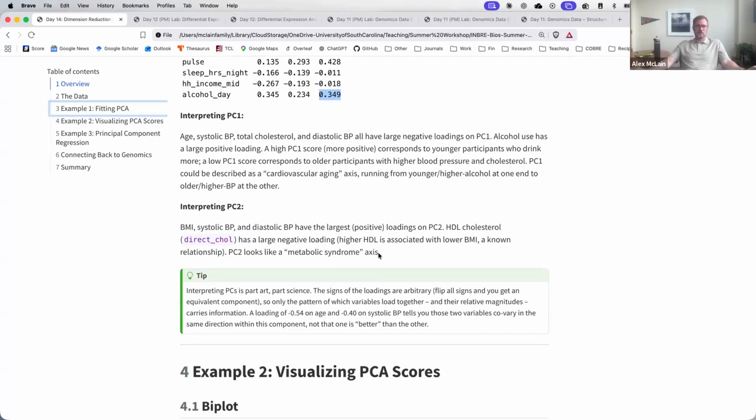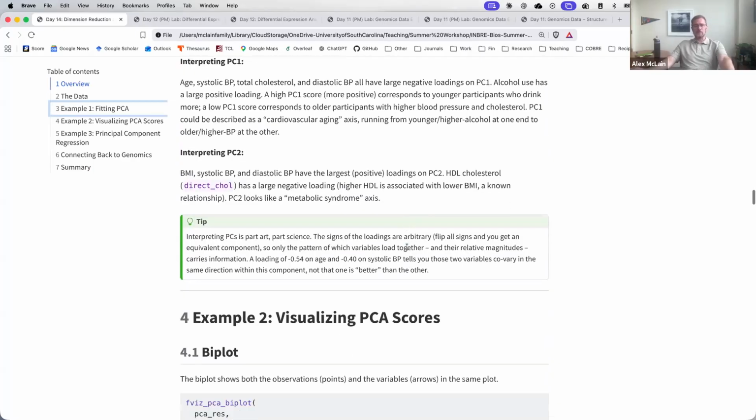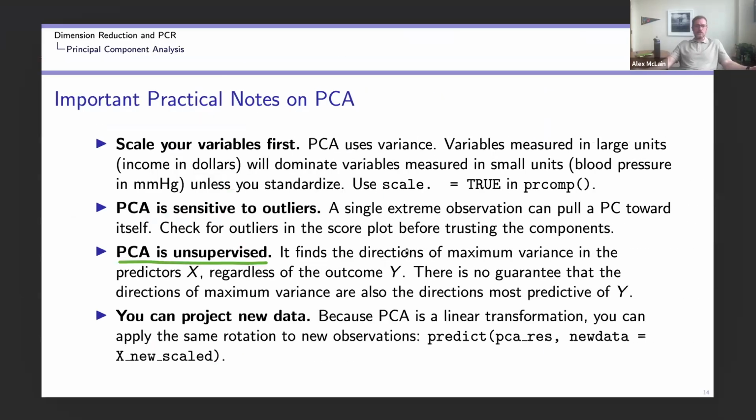PCA 2, some kind of metabolic syndrome. Again, I'm just kind of making things up here. So the scores that we get in the end are not necessarily related to any outcome at all. They are just designed to explain the most variance in the X variables that we have.